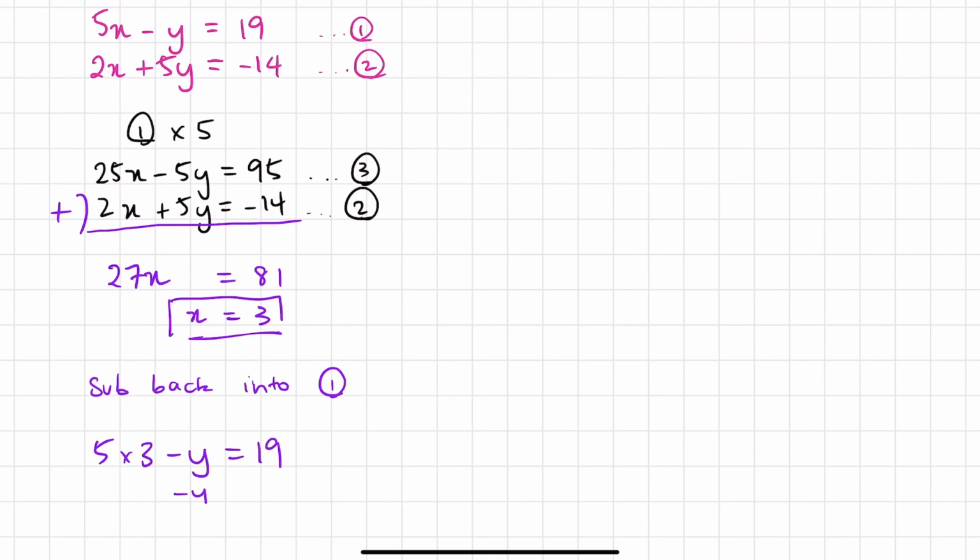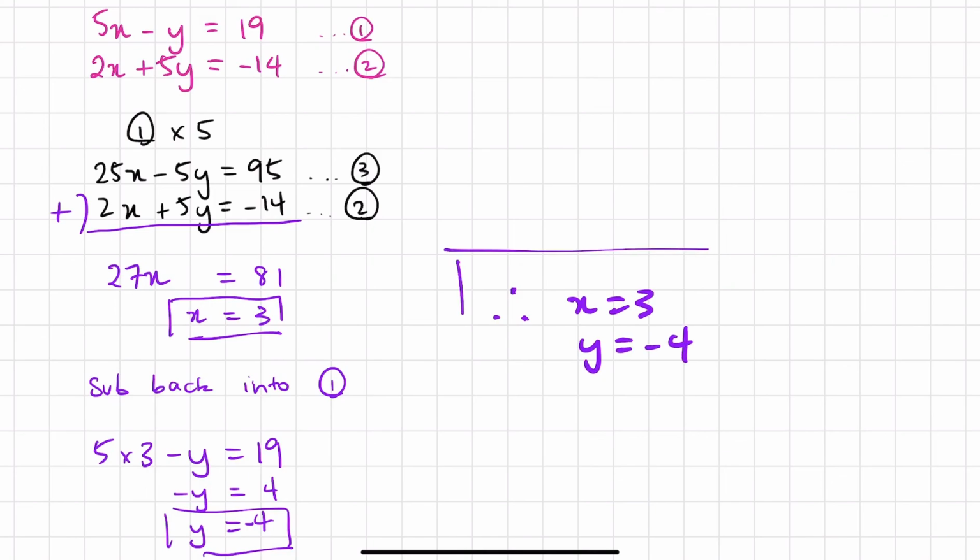So negative y is equal to 19 minus 15, and y equals minus 4. Let's summarize this over here and say x equals 3, y equals minus 4. And that's how we do it.